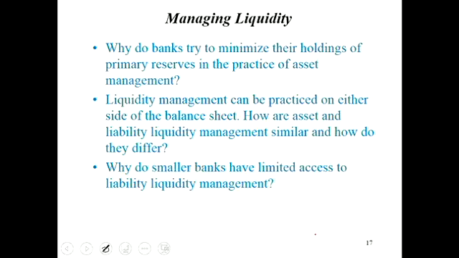Let's say you have a bank bill in here from another bank, and you sell that, then it stops being secondary liquidity and comes into primary liquidity. So if you sell it, you get money, which goes into your primary liquidity.